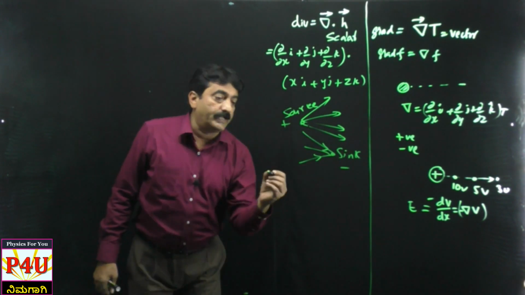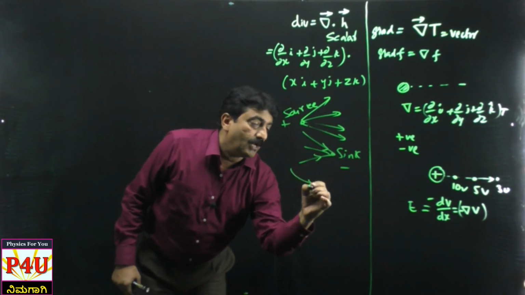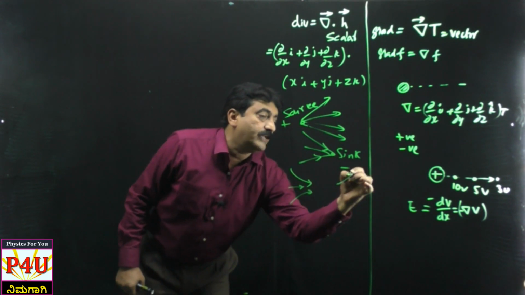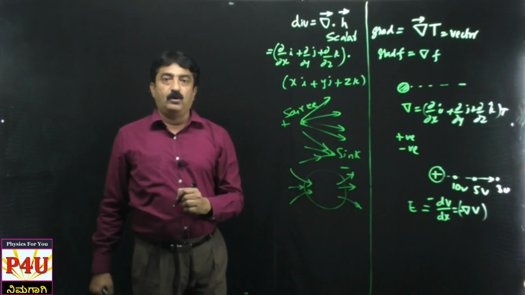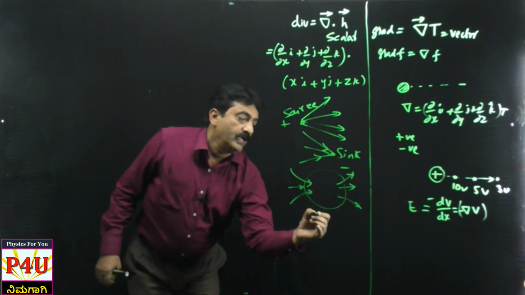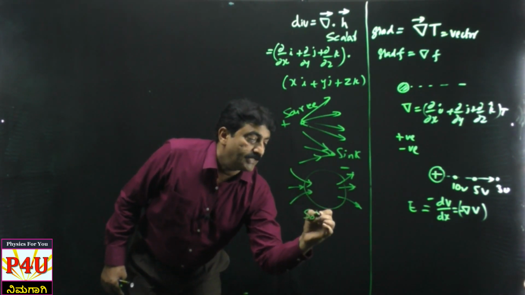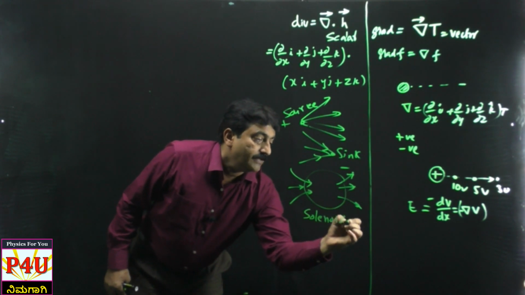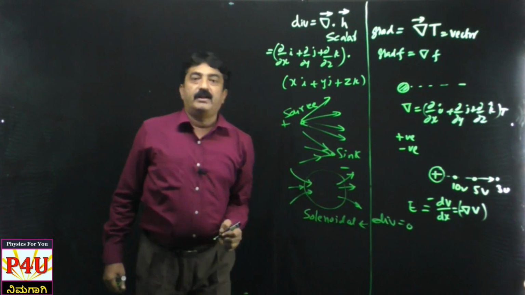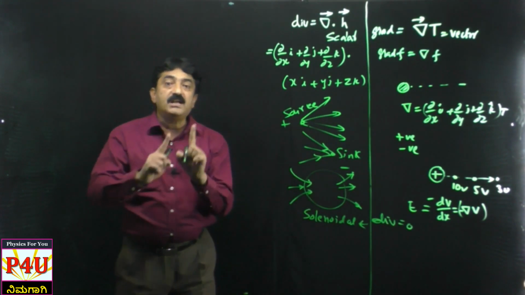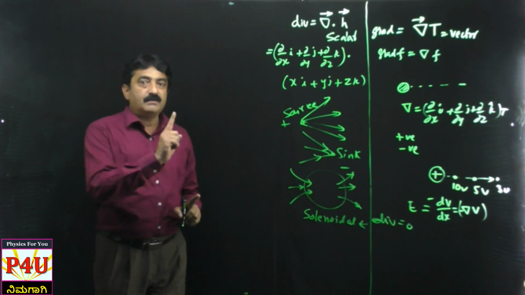Zero means, suppose the number of lines entering a point is equal to the number of lines leaving, then the total flux is zero, divergence is zero. In that case, we call it solenoidal. So if divergence is zero, we call it solenoidal. It is also called incompressible. So this is about divergence.